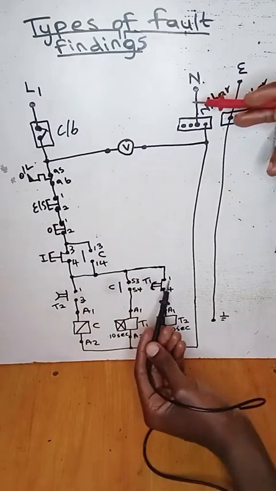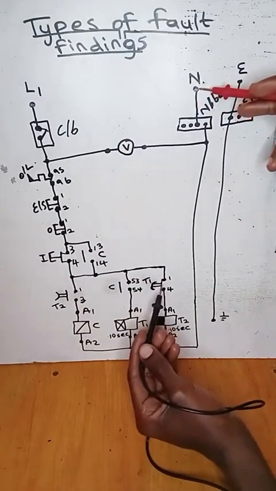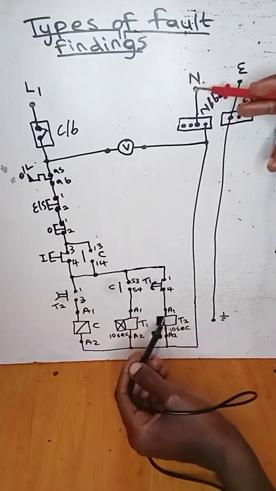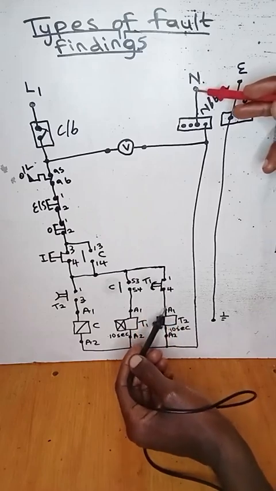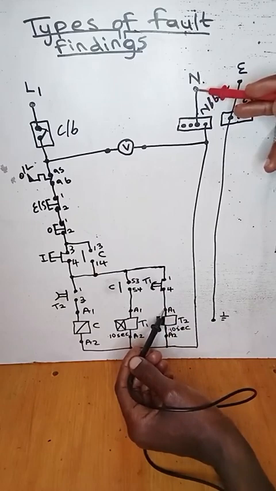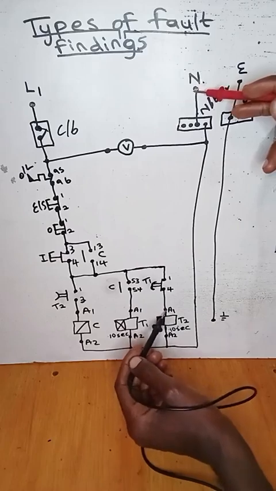But if you check from here, we have a close contact, which means current will flow all the way to A1.